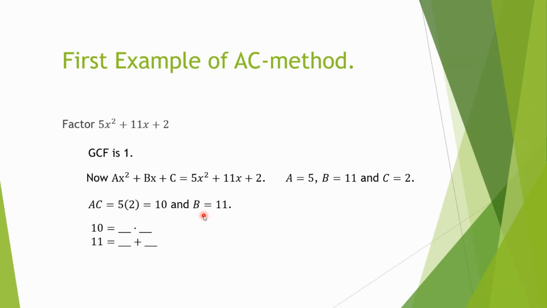Or if you want, filling in those blanks like I did when the leading coefficient was 1, we want two numbers that fill in the blanks here. Well, what two numbers are going to pull that off? How about 10 and 1? That works, right? 10 times 1 is 10 itself, and 10 plus 1, of course, is 11. So these are the two numbers we're going to use.